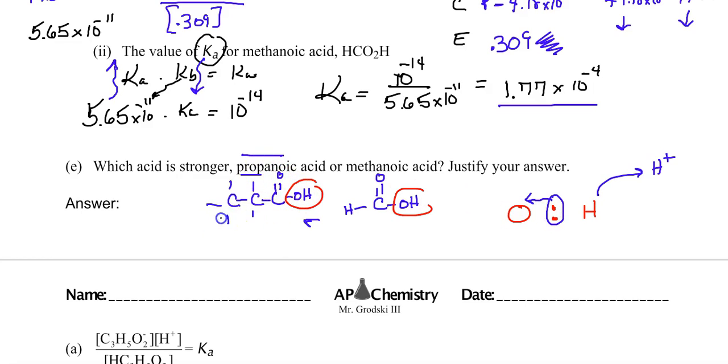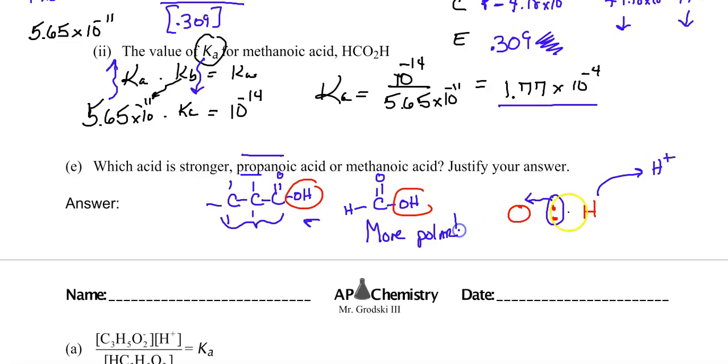But if you look at this chain, propanoic acid has more of an electron cloud. If you look carefully, the longer this gets, the less polar this end gets. Because it's just an H here, this is more polar, right? Because this carbon chain has a cloud of electrons, but it's not as polar as this guy is.